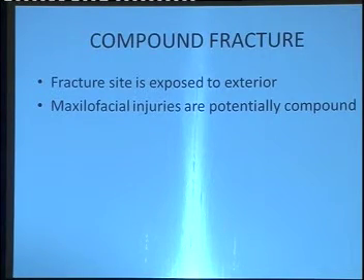Because in the maxillofacial region, the fractures may be communicating with the sinuses, and the sinus is always exposed to the exterior. So for all practical purposes, it is taken as potentially compound. Whenever anybody asks what is potentially compound, you should say these are the fractures which are potentially compound. Clear?